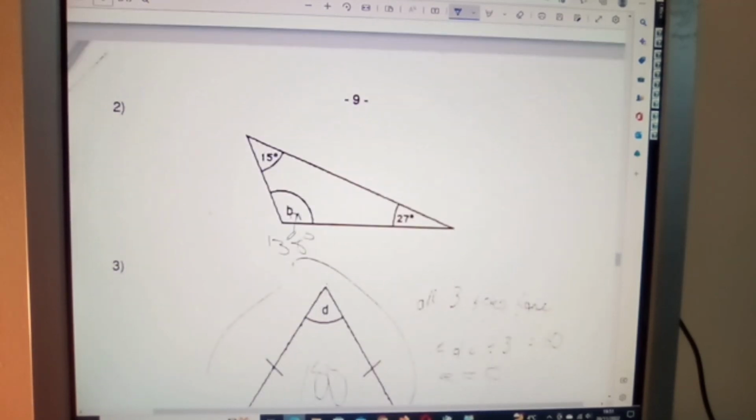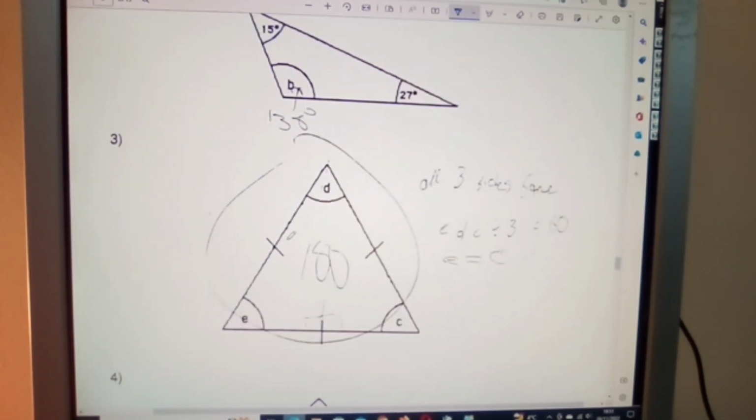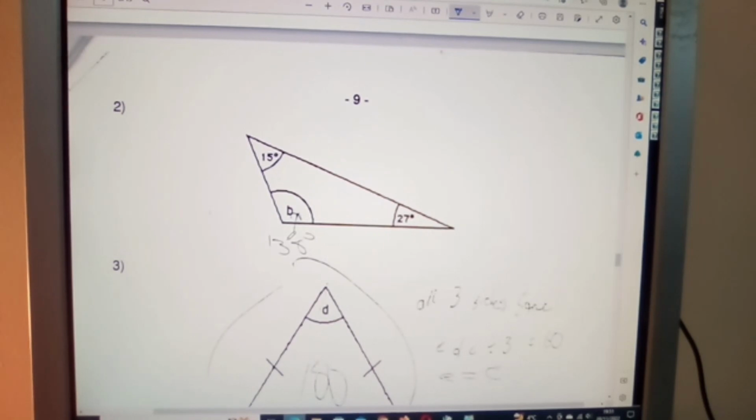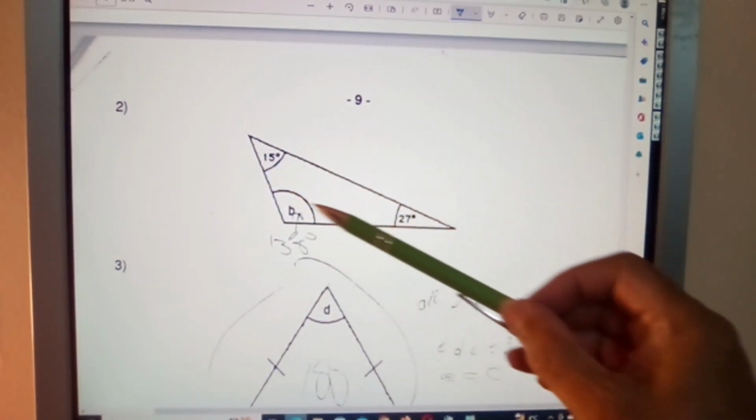This is paramount for you to understand. Now here, all I'm doing again is finding the angle. You know it should be 180, so what's this angle here? Angle B is 138, roughly.